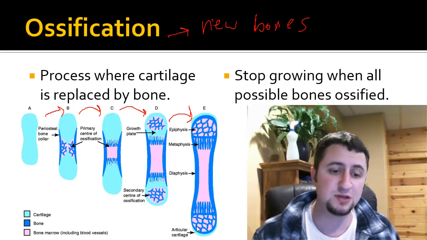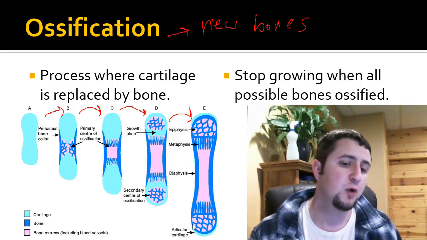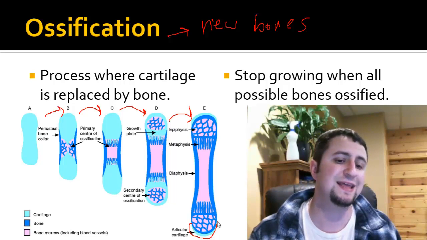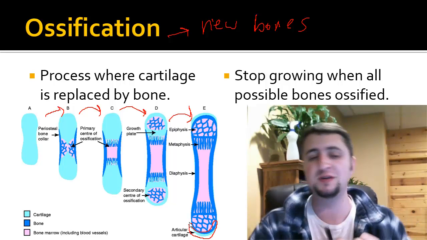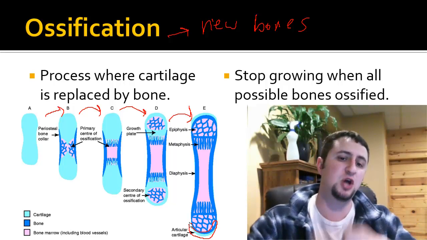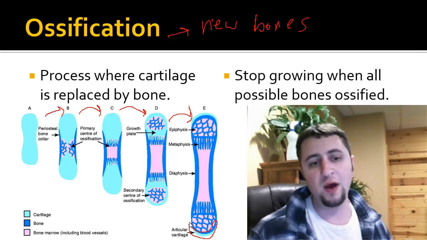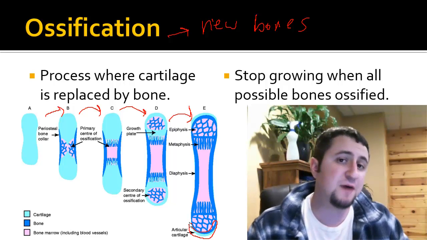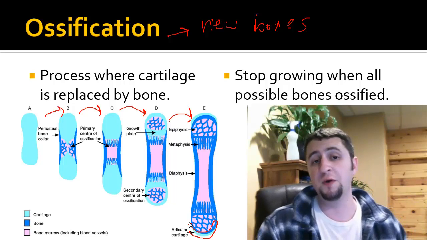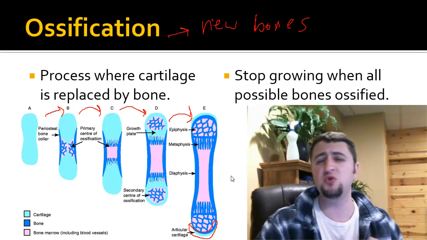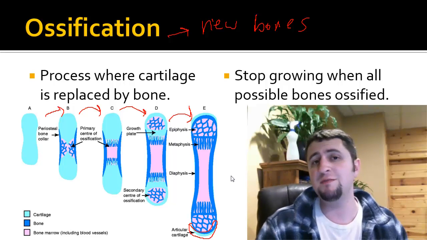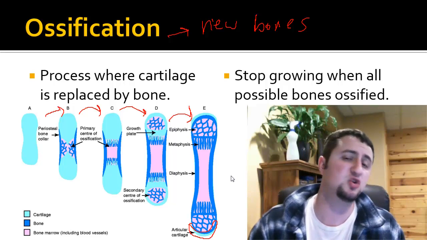There might still be some cartilage left over, probably only at the ends of your bones, which allows for a cushion between the bones so the bones don't rub up against each other. And so once all of the bones have become ossified, they stop growing. That usually happens for males around age 20 to 25, and for females around age 18 to 22.